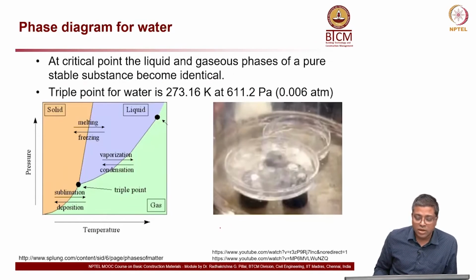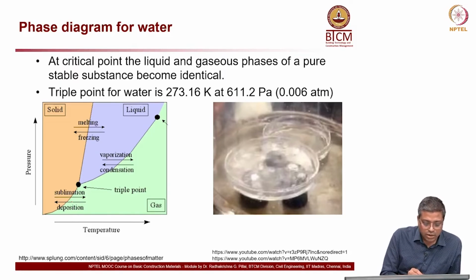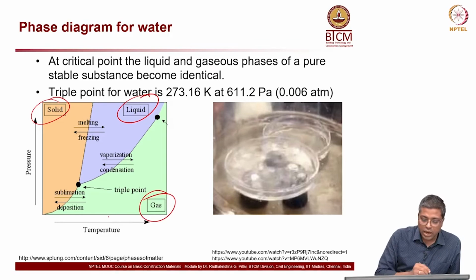We will very briefly talk about the phase diagram for water. This is how it typically looks like, and you can see here there is an orange region, this purple color region, and then you have the green color region. One is for solid, then liquid and then gas.